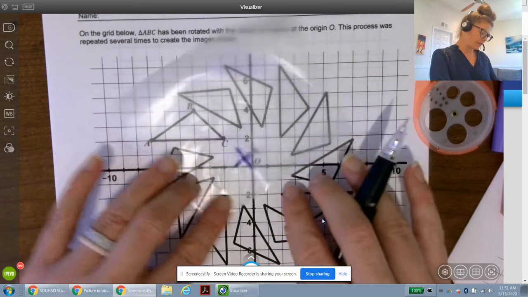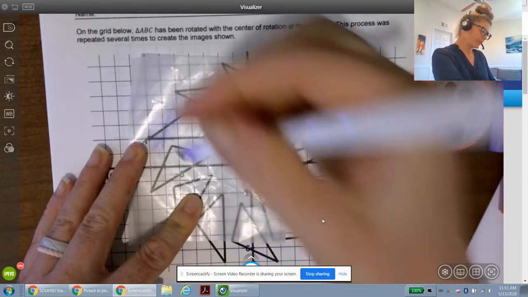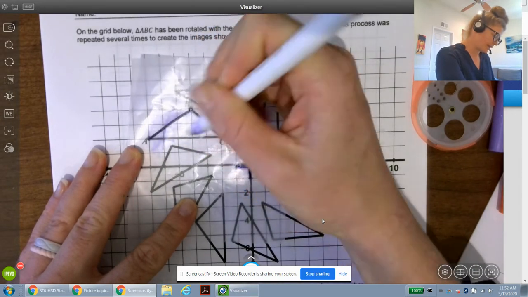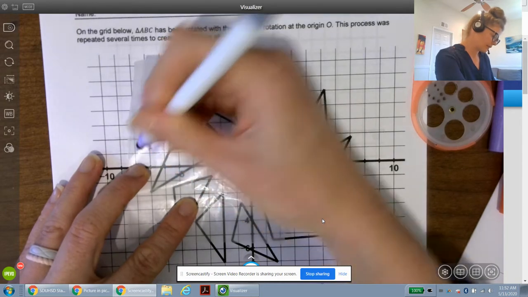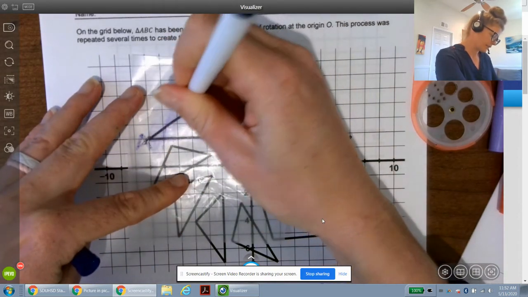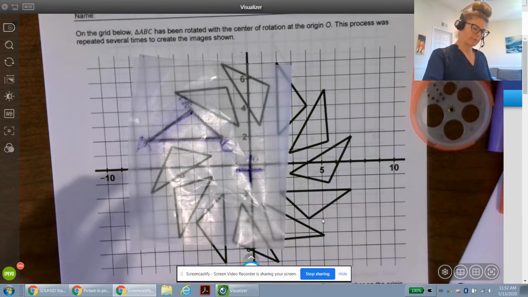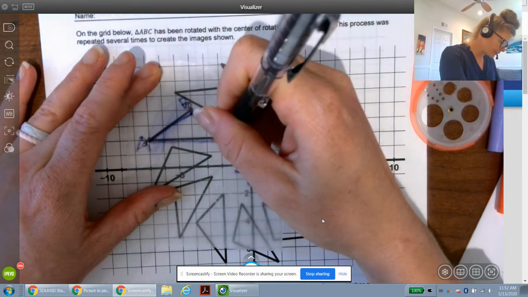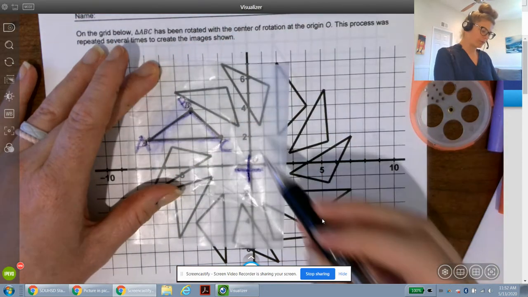So if I made my center there, and then I traced triangle ABC, sometimes pencils show up on this a little bit better too. Or, if you had a Sharpie, that would probably work really well.